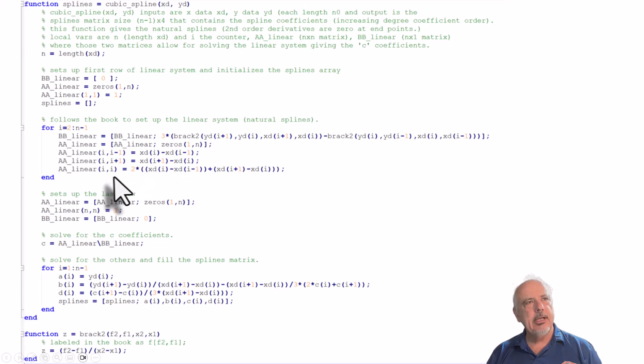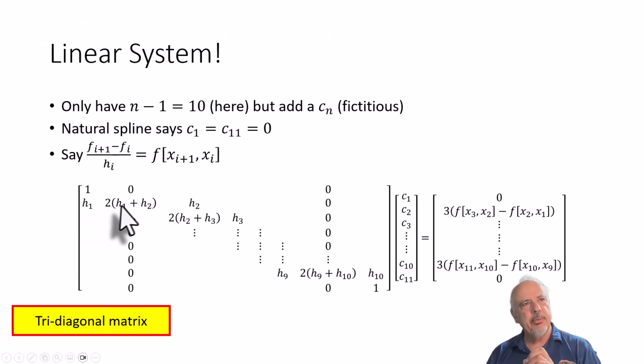I initialize the next row to all zeros, and then I go in and fill it out. So II is going to be my diagonal, and that's going to be 2 times the difference in X data; those are H's. Going back to see what that looks like, for example, for the first row, that diagonal would be H1 plus H2 times 2.